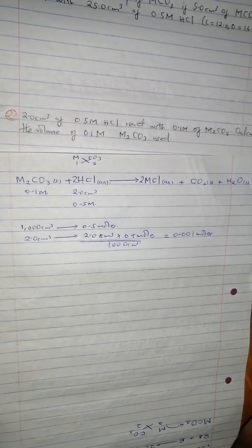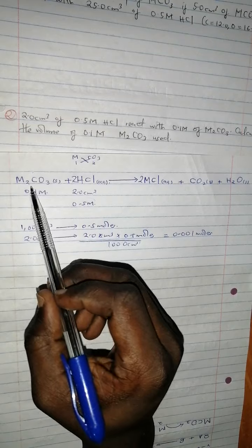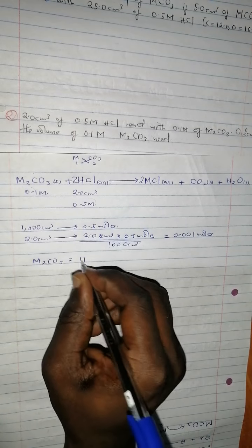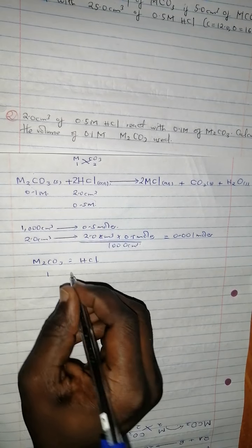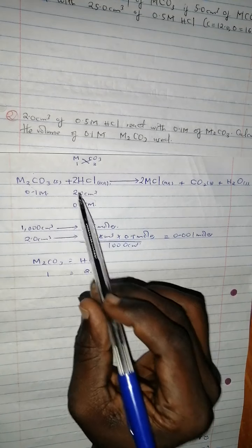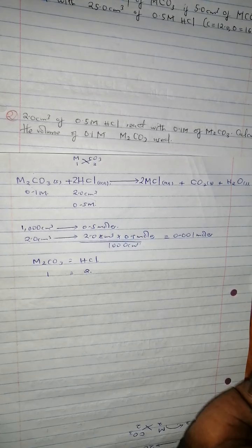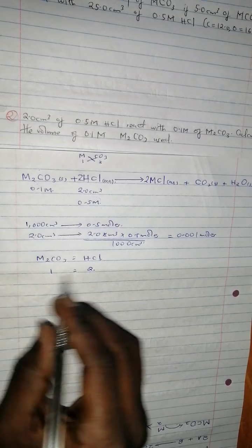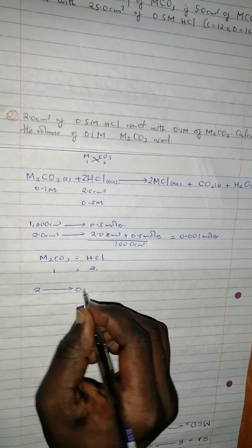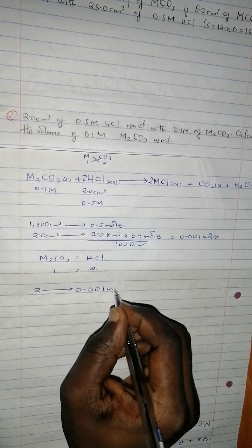From there, how do I get the number of moles of M carbonate? I use the simple mole ratio. It means that the M carbonate to HCl, the mole ratio is 1 to 2. 1 mole of M carbonate reacts with 2 moles of HCl. So this 2 represents the number of moles of HCl which we were given, 0.001 moles.